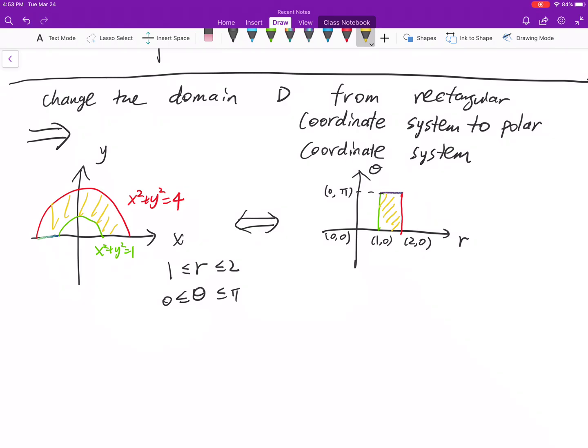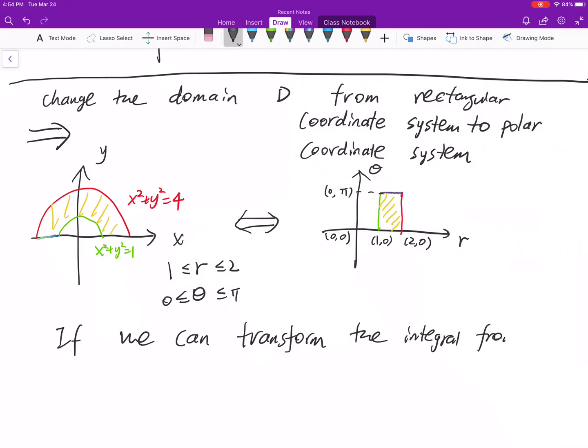So if you are ambitious enough, then you want to transform the integral from D to D prime in a certain way.